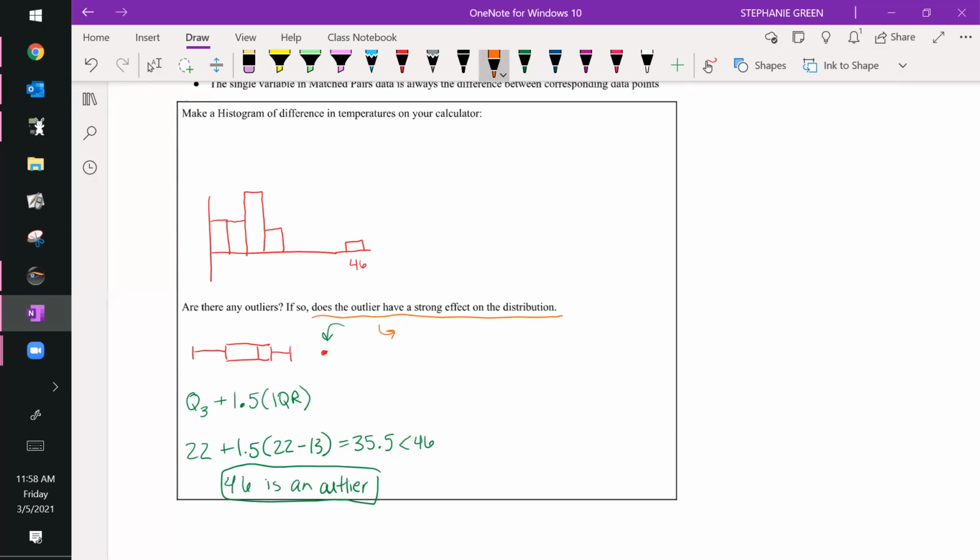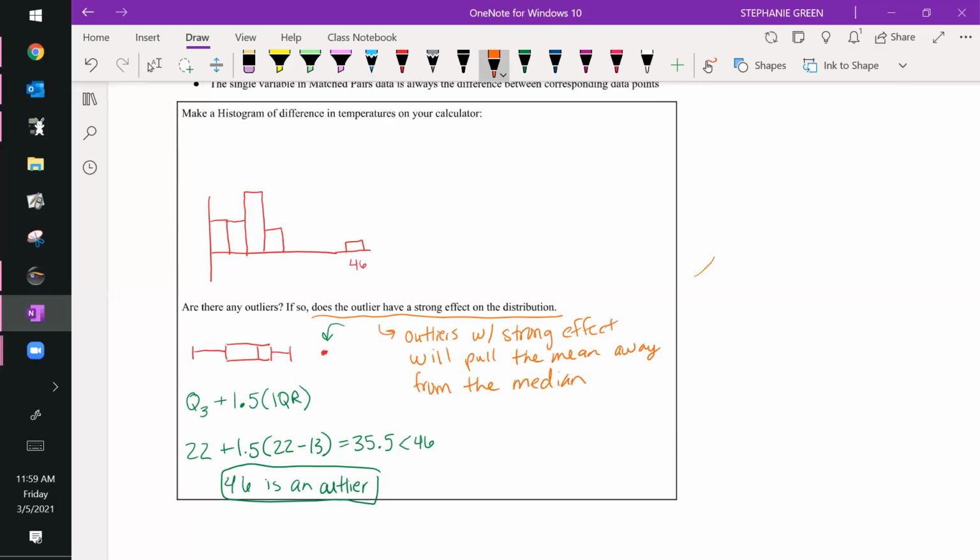If they do have a strong effect, it will pull the mean away from the median and towards the outlier.